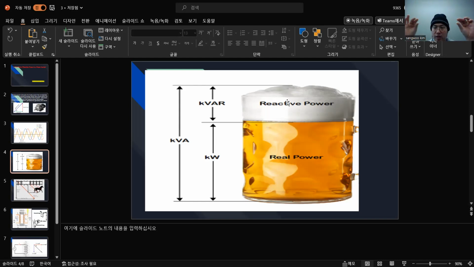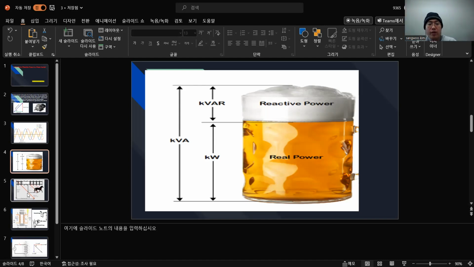Between them there's a bridge. The medium for the transmission of active power is reactive power. Now you can understand it as a bridge for moving active power from one point to another.